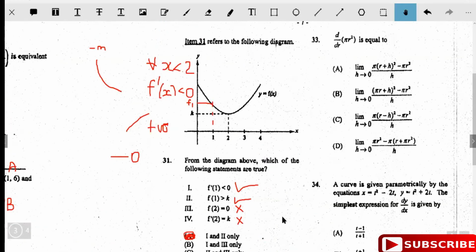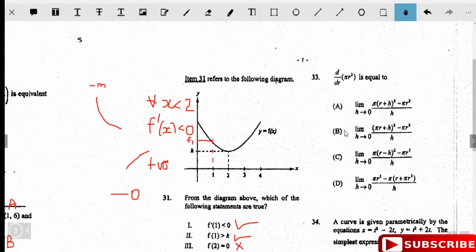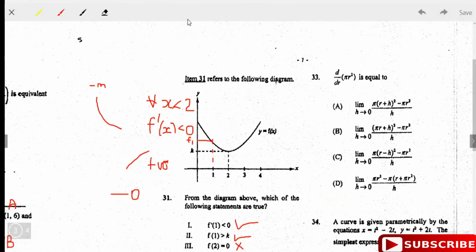Question 33. What's question 33? Apple. Very good. So we just have to remember this formula.